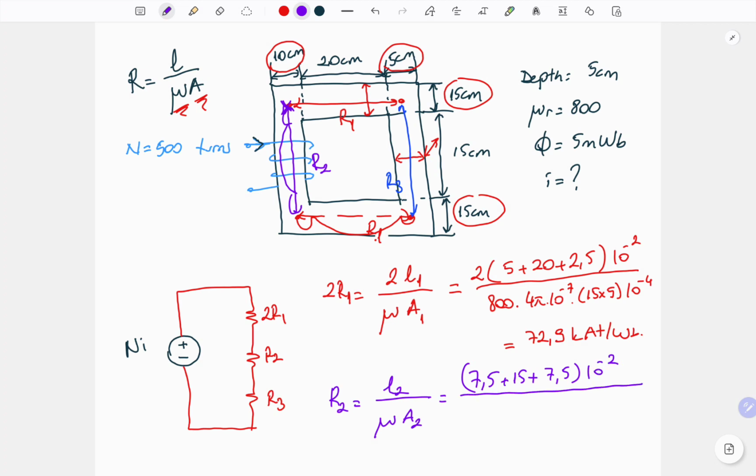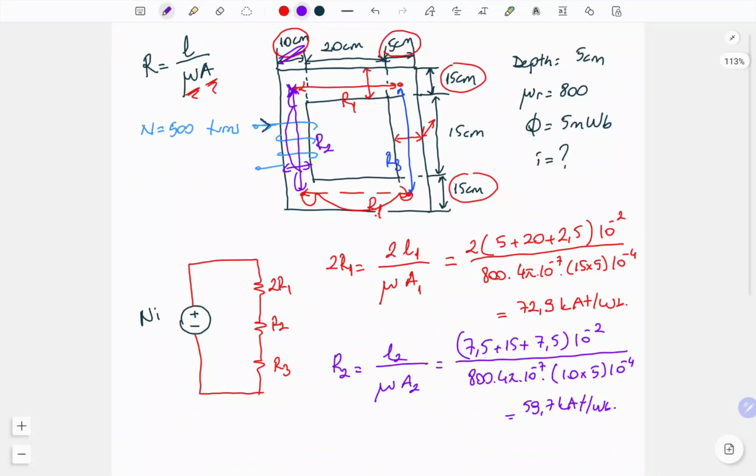Again, the unit conversion must be applied. For the denominator, as we said, there is no different permeability for this example. 800, 4 pi 10 to the minus 7, again must be in our expression. For the cross-sectional area, when we check R2, our width is 10 centimeters and the depth is 5. And again, we have the unit conversion. So 59.7 kilo ampere turn over Weber will be the second reluctance.